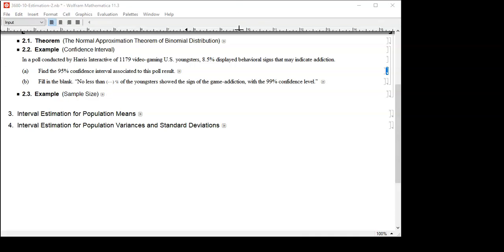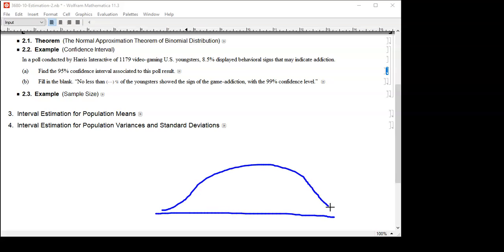So we are looking at something like this. So this is 0.085 as before. And then that's what you're looking for.